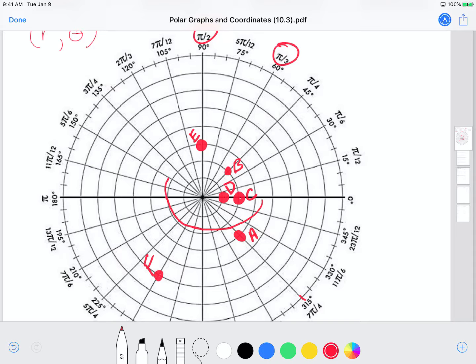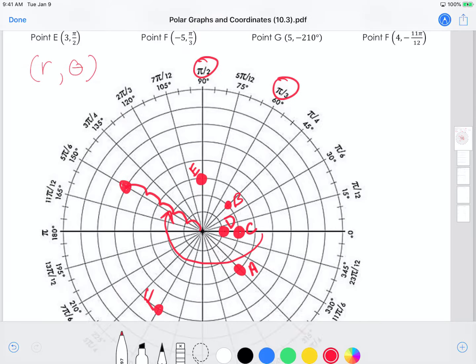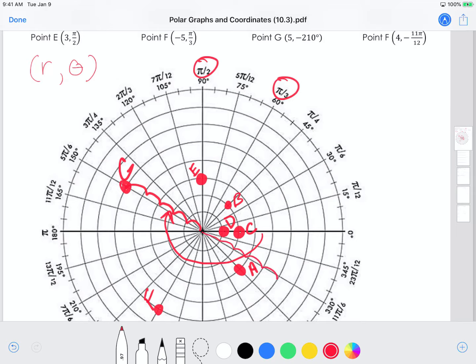I'm opening up, I'm stopping here, that's -210 degrees, and then I want to go 5 in the positive direction. So 1, 2, 3, 4, 5. This is my point G. If I was going in the negative direction, I would be coming out this way 5. 1, 2, 3, 4, 5.